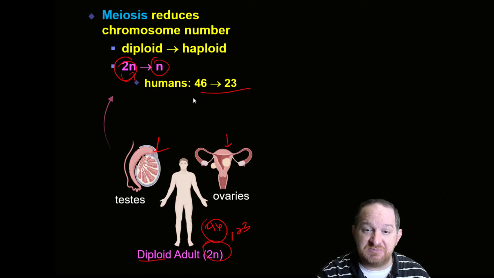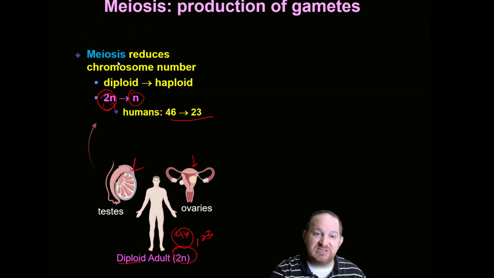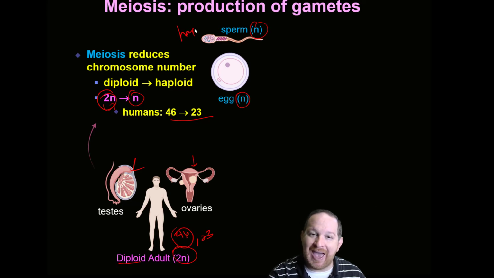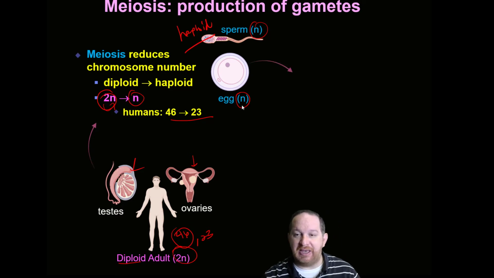For different animals, you would just divide by 2 to see what you get. So meiosis is the process of reducing that chromosome number into the sperm and the egg. Now notice the sperm is just 1N, and the egg is 1N. We call that haploid. So it's not diploid now, it's haploid. One set of chromosomes for the sperm and one set for the egg.